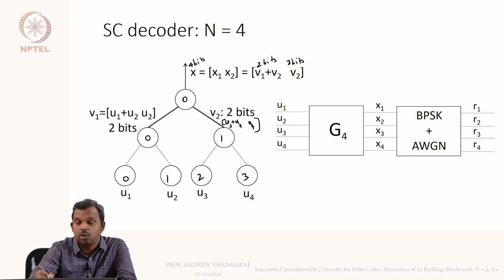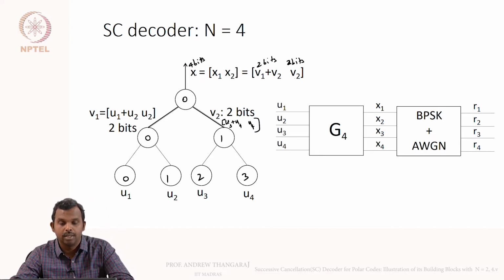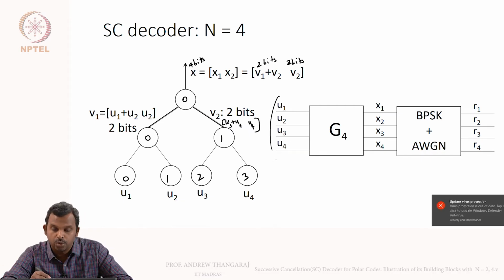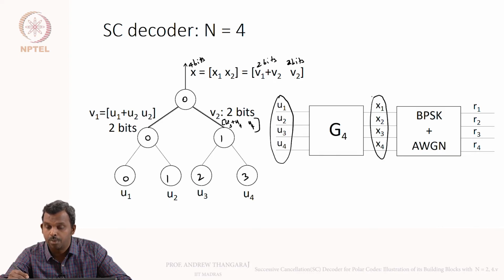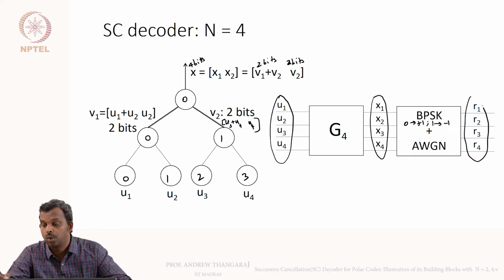So this is the idea. We also saw the program for writing this encoder. This is how the whole thing works. This is the code: u1, u2, u3, u4 is what you originally have, and then you go to x1, x2, x3, x4 after the operation with G4, and then BPSK AWGN, as before 0 going to plus 1, 1 going to minus 1, then noise getting added, you get R1, R2, R3, R4.